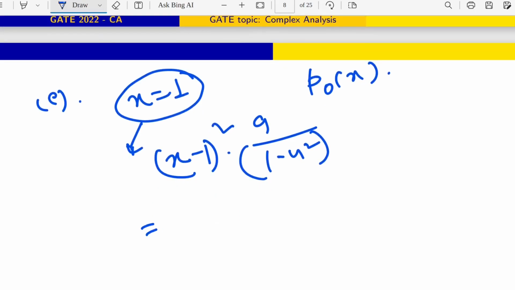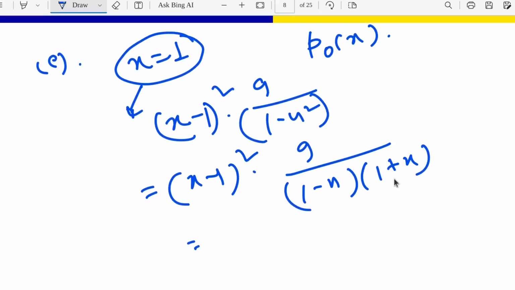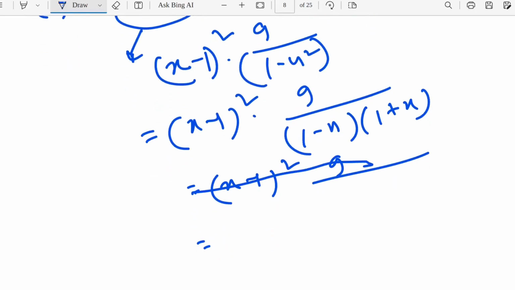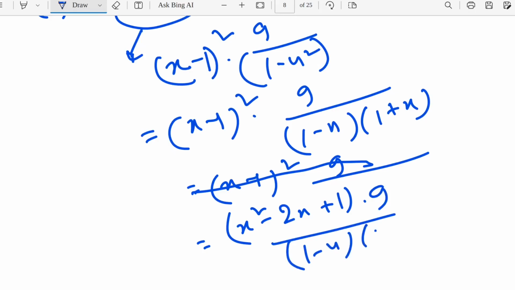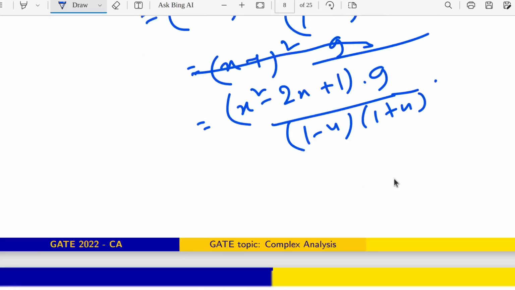So x minus 1 whole square, which is x square minus 2x plus 1, into 9 divided by (1 minus x)(1 plus x).